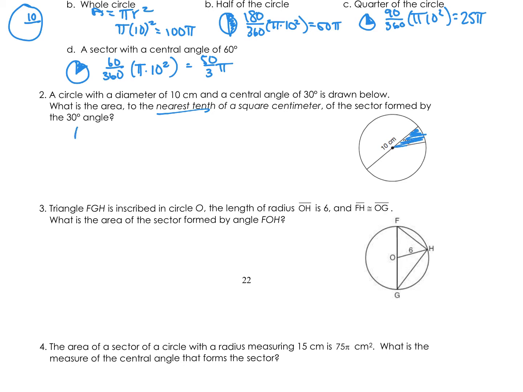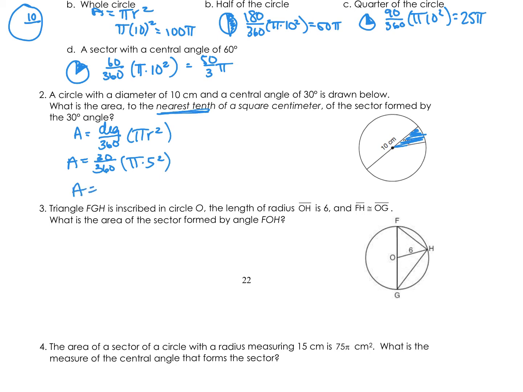So it is area equals degree over 360 times pi r squared. The degree was 30 out of 360 times pi. Our diameter is 10, so our radius will be 5 squared.